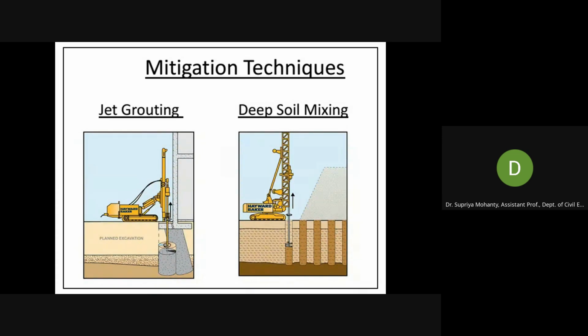If it is satisfying, greater than 1.4, then you can say the soil is safe against liquefaction. You can go for actual building construction. So I think this is all about mitigation techniques and the procedure to be adopted for evaluating liquefaction.